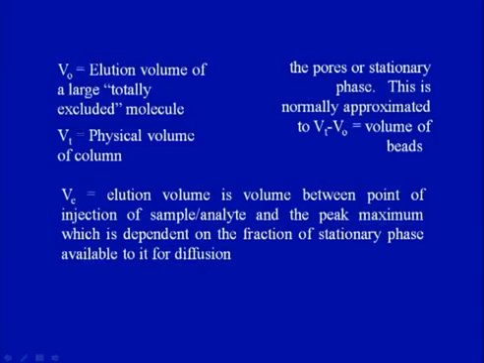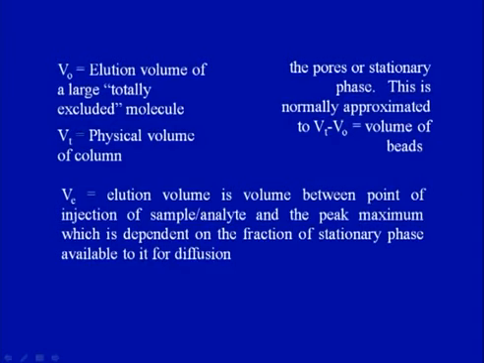Now, the elution volume of a large, totally excluded molecule will be given by the void volume. Vt is the physical volume, and as I said, you can subtract the void volume from the total bed volume and get the volume of the beads.